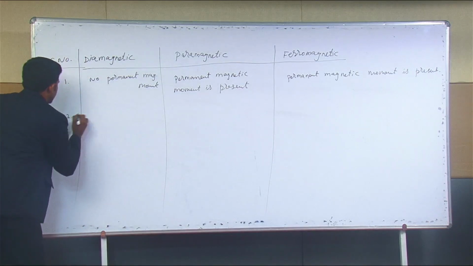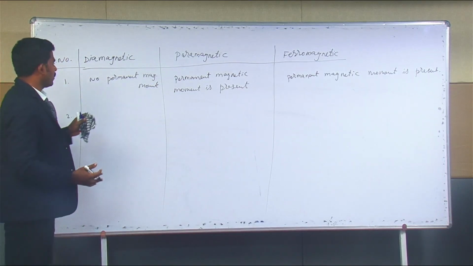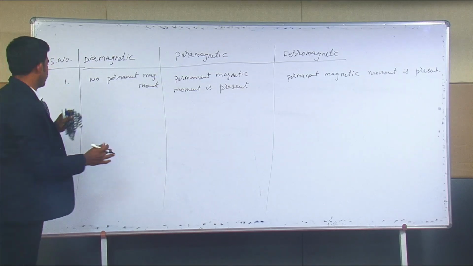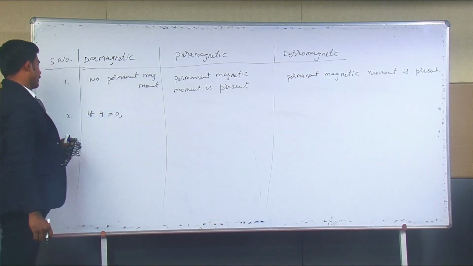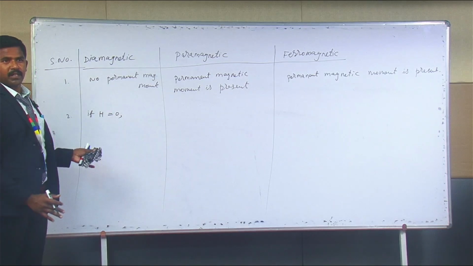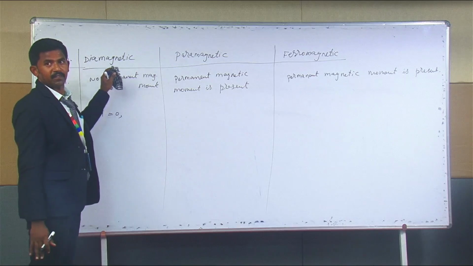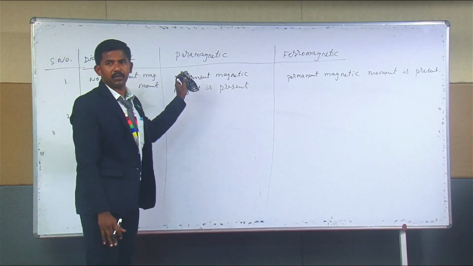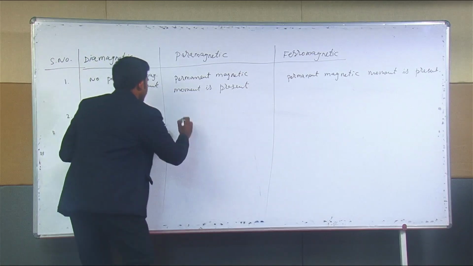The second one is without applying a field, H is equal to 0. How is the spin alignment? If H is equal to 0, there is no spin alignment in the case of diamagnetic. Whereas in the case of paramagnetic, it is randomly oriented.